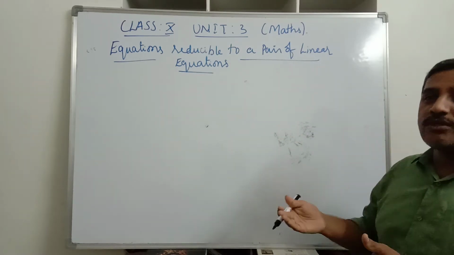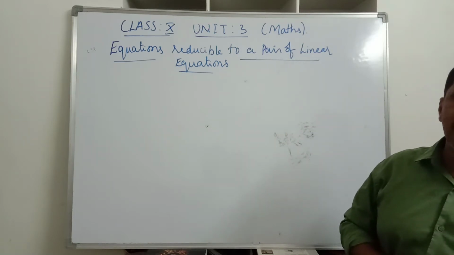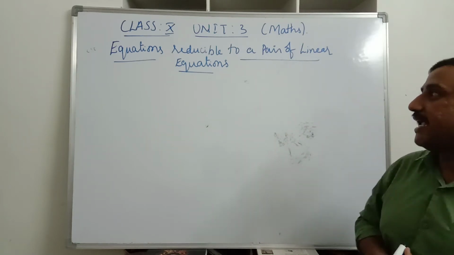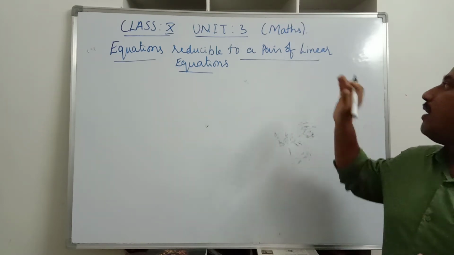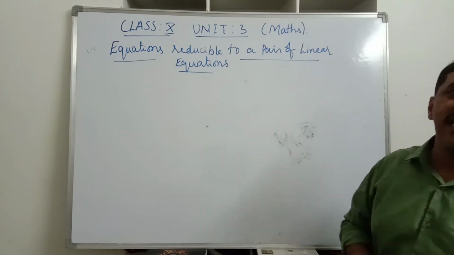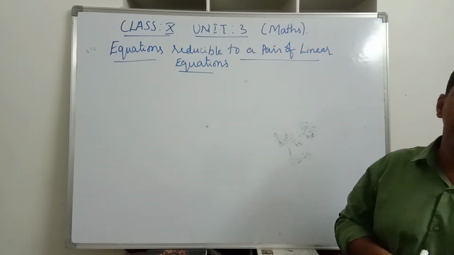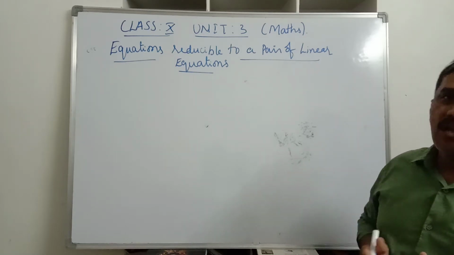We should change them to a pair of linear equations, that is, simultaneous linear equations. Then we have to solve them by using any of the algebraic methods to find their solutions.